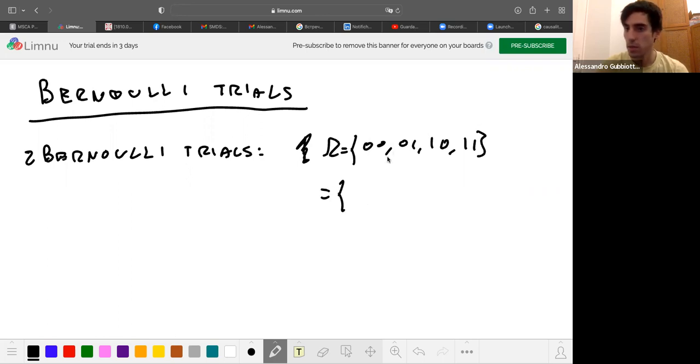So 0,0 means the first coin toss is tails, and the second is tails. To write it in a mathematical way, omega is the set of strings of two digits, where each digit is 0 or 1.